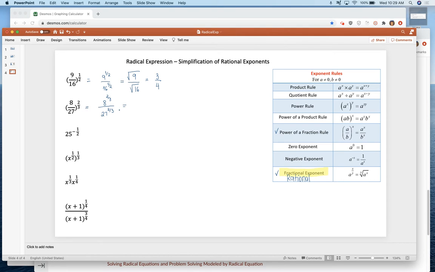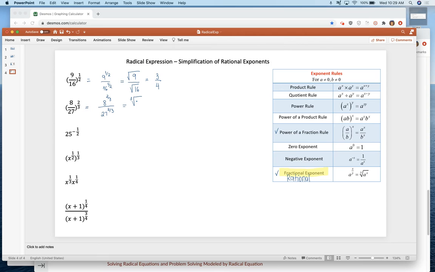I am willing to rewrite this as a radical because I see that this is a cube root, and the cube root of 8 is perfect, and the cube root of 27 is also perfect.